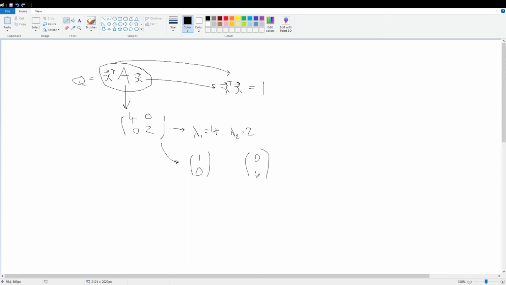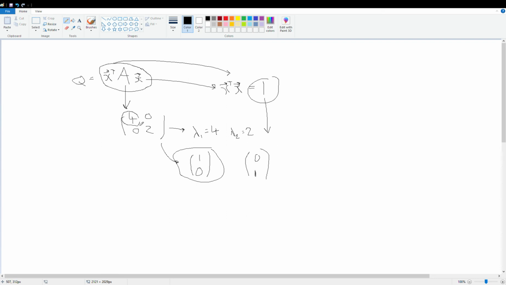Ordinarily we normalize those vectors to be of length 1, but they're already of length 1. And then we just plug in these vectors as x, and we figure out which eigenvector maximizes the value of this matrix. And in this case, it's pretty easy.